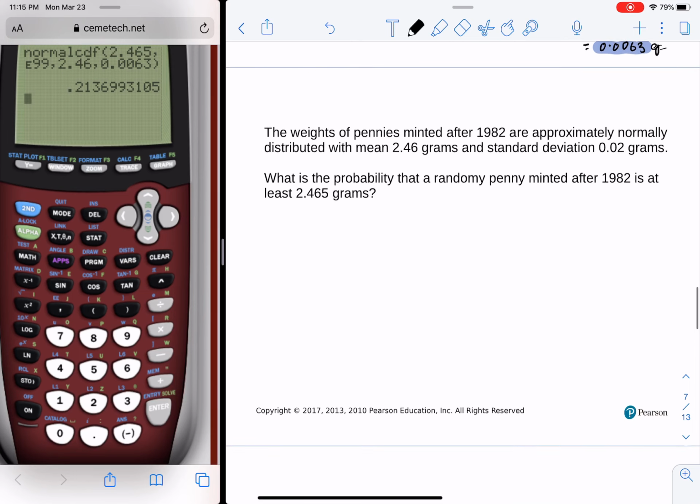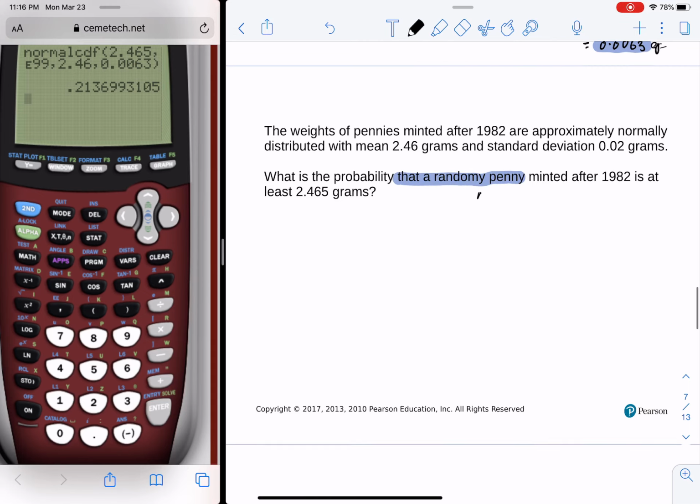So, in contrast to the previous problem, I've changed the question. What is the probability that a randomly selected penny minted after 1982 is at least 2.465 grams? Here we are finding the probability x is greater than or equal to 2.465, and we know that we have a normal distribution.